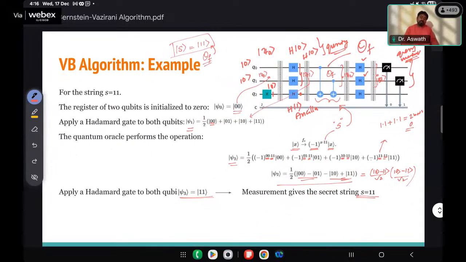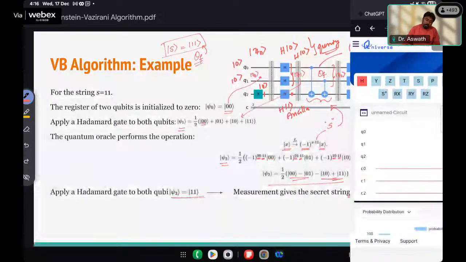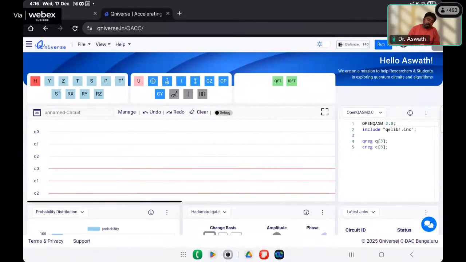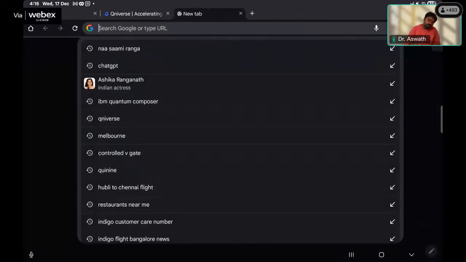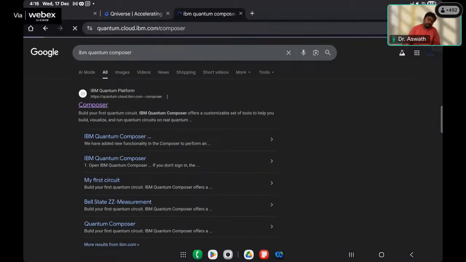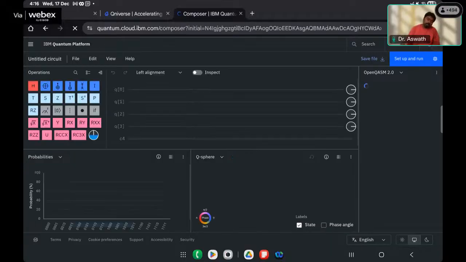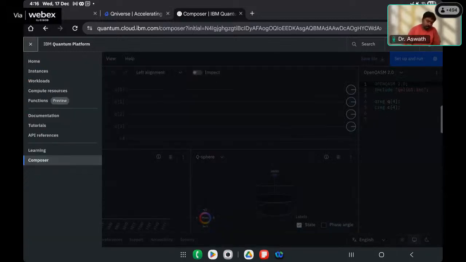Now when it comes to implementation, what I suggest is either you can take IBM Quantum Experience, the composer. There is no need of having an account there. You can set up the required algorithm, though I hope they still allow you to put up some algorithms.